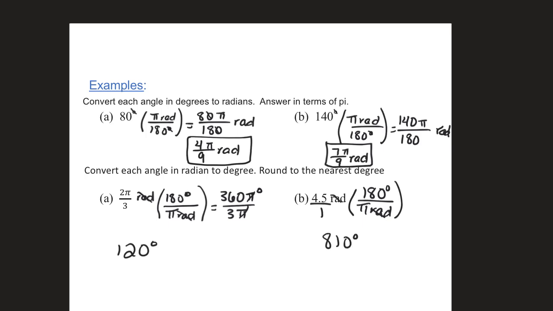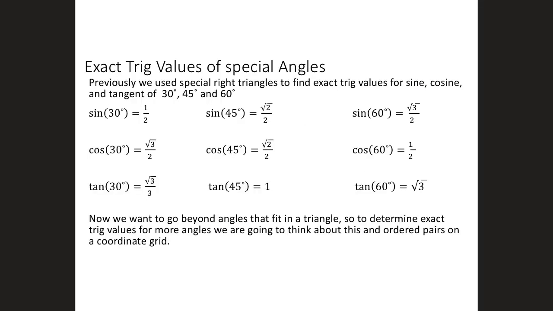And the pi's are not going to cancel. 1 times pi is just pi, so 810 degrees divided by pi is the same degree measurement as 4.5 radians. If I wanted the decimal form of this, I could actually do this math, and I would get 257.8 degrees.